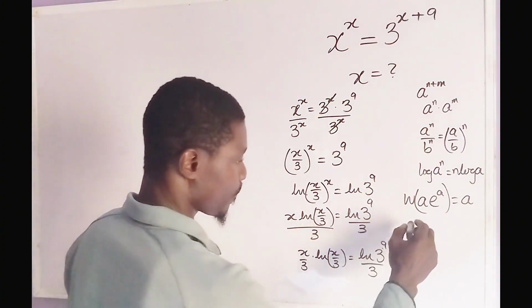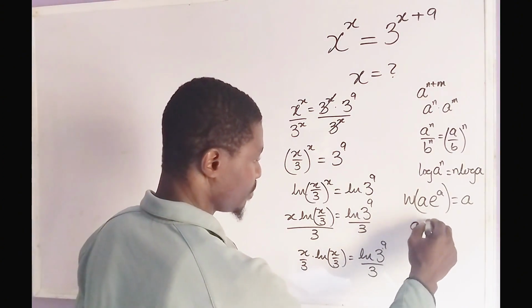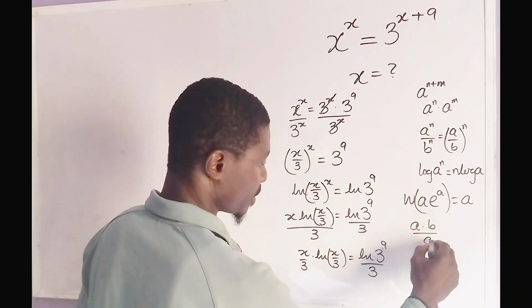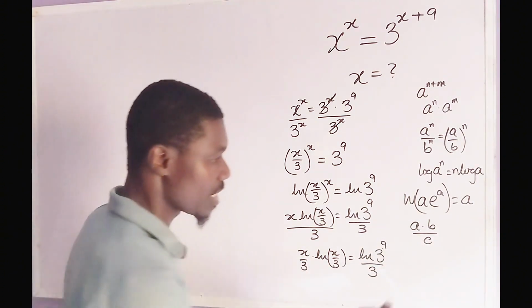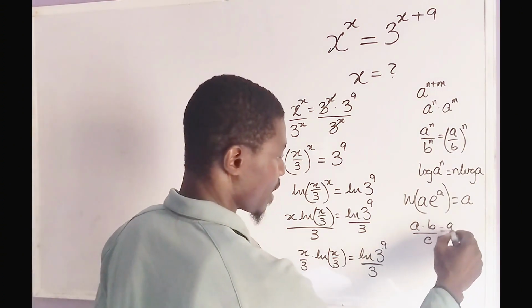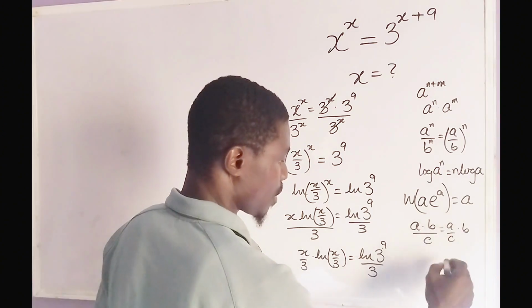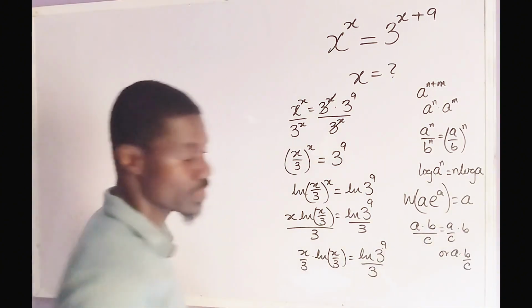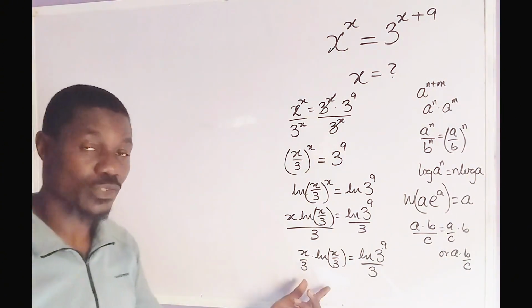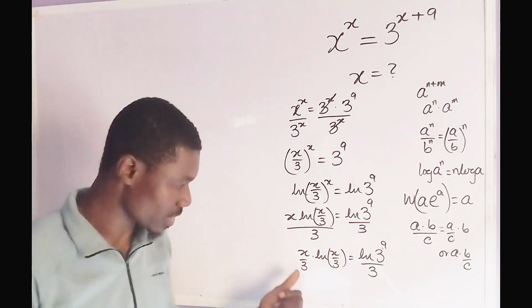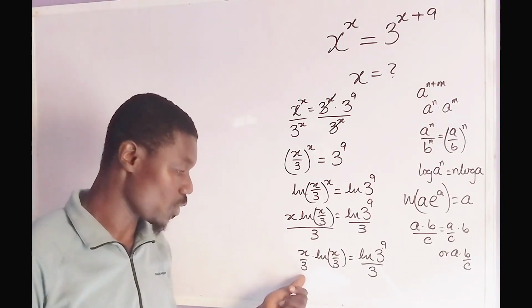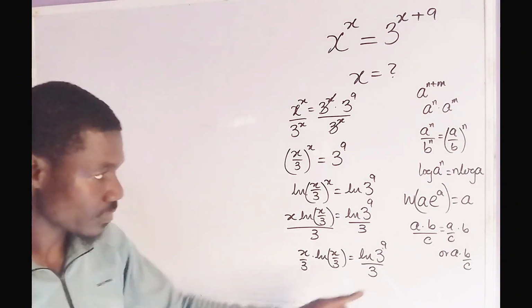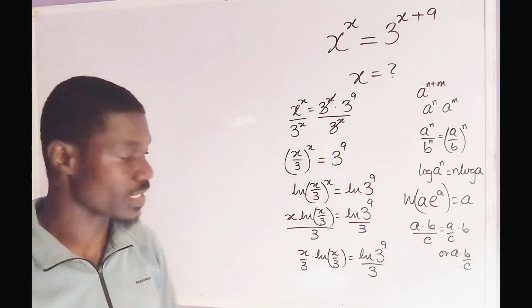If you have a times b all over c, this can either be a all over c times b, or a times b all over c. So that's what I actually apply here. And why I did that is I needed this x to have this denominator of 3, and this will help us achieve this expression here.